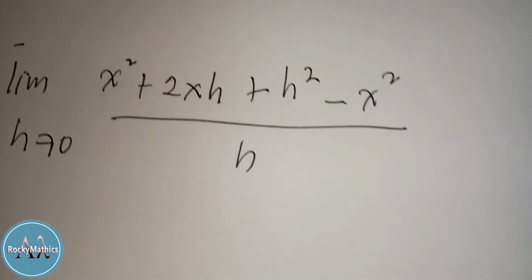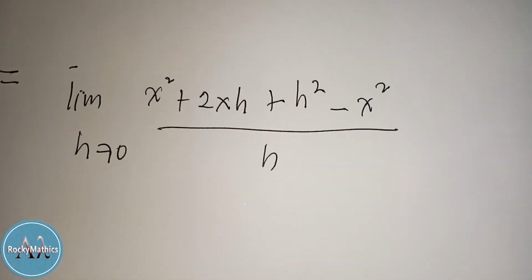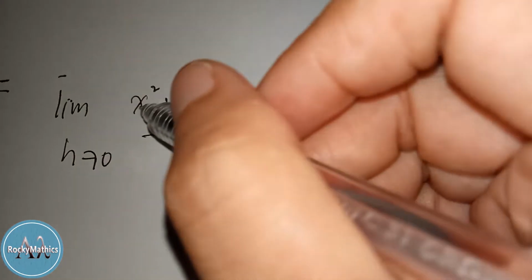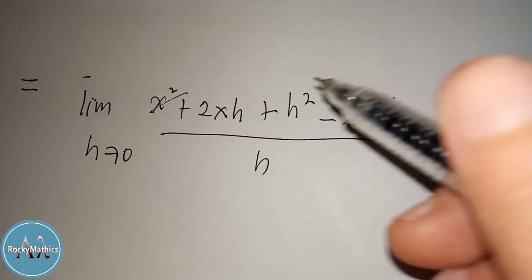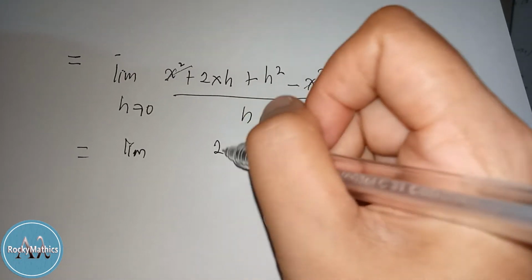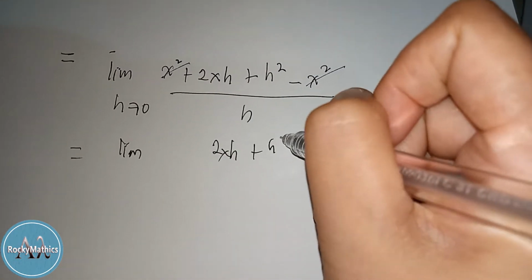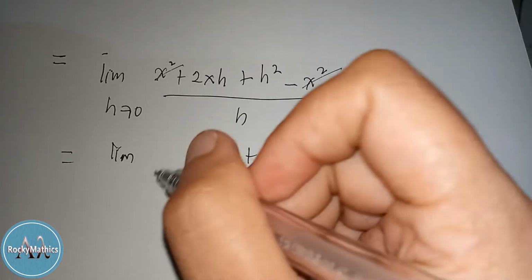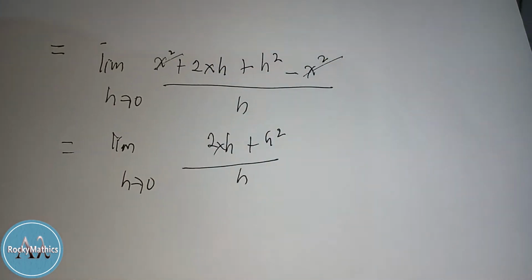So, simplifying this formula, the x squared will be cancelled. So we only have the limit of 2xh plus h squared over h as h approaches 0.